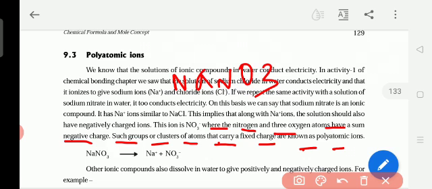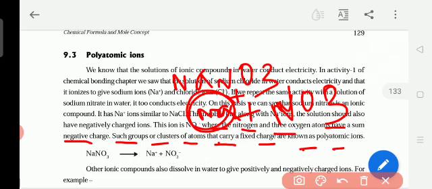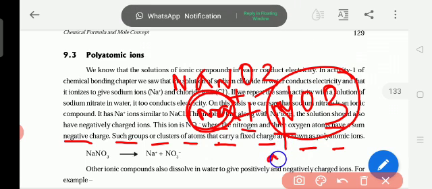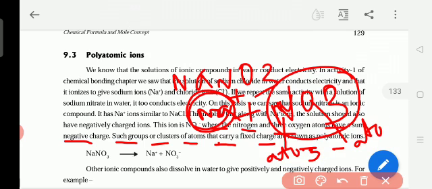It separates into Na plus and NO3 minus. When it is separated, sodium becomes a single atom. But when we see NO3, N is one atom and O is another atom. Okay, 3 oxygen atoms are there.